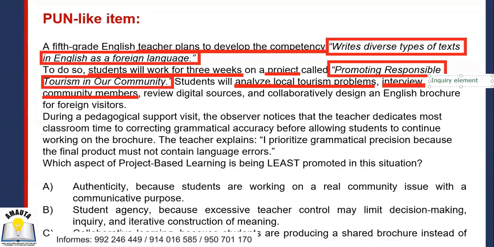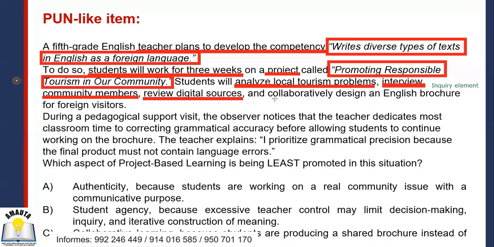Review digital sources, the investigation, the research presented here, right? And collaboratively design an English brochure. Okay, this is the product because the competency is the third one, right?